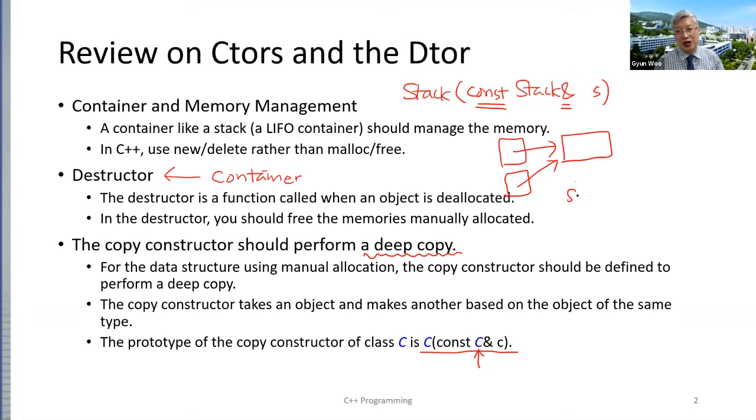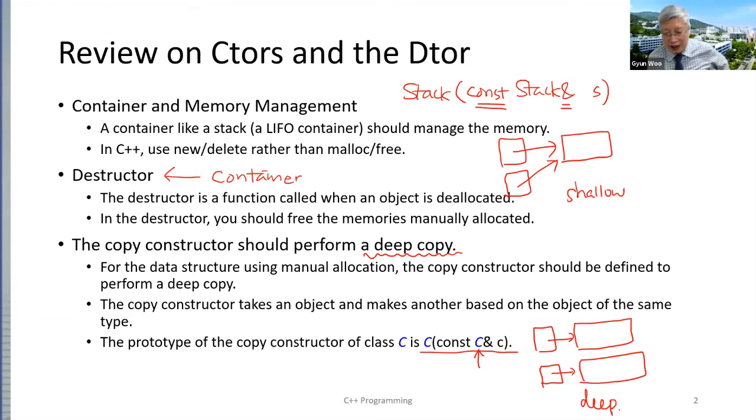This is called a shallow copy. But if you really need a container separately, you have to copy the allocated portion. This is called a deep copy. This concept is extremely important in programming because it is related to safety.